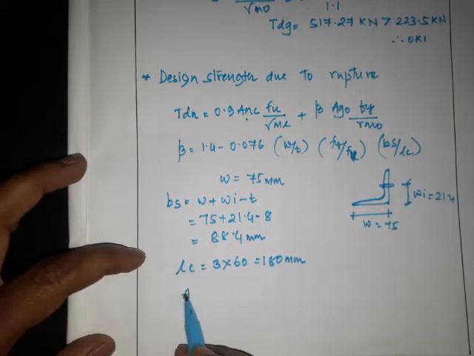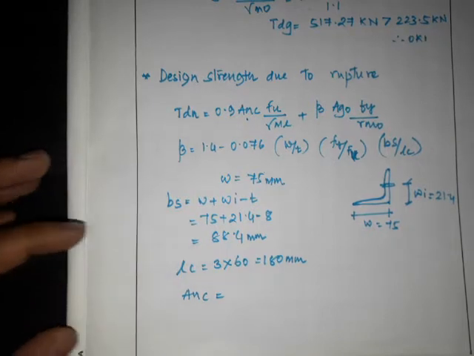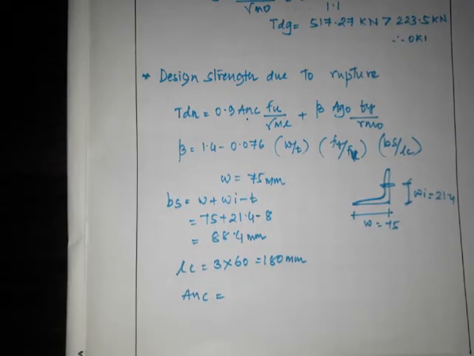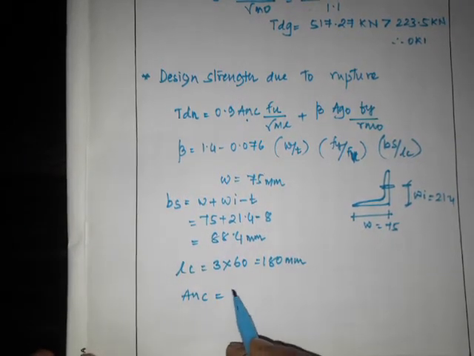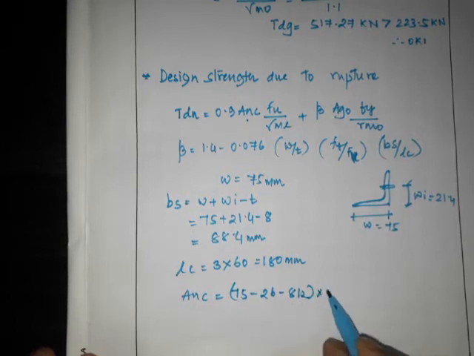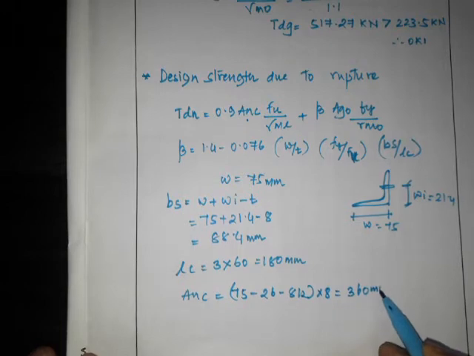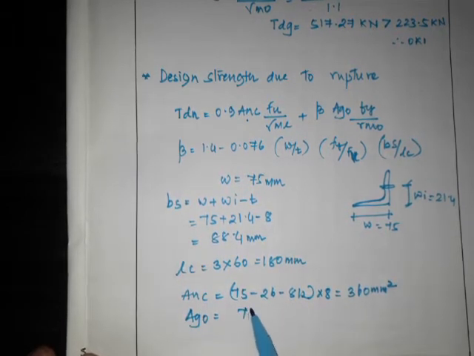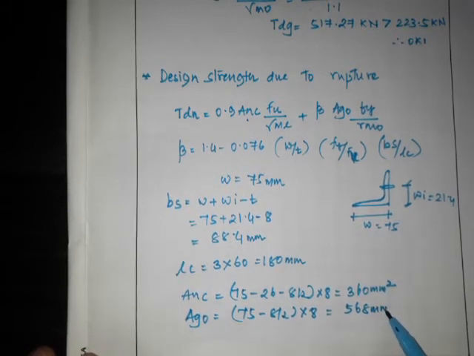Anc is (75 minus 26 minus 8 by 2) into 8, so we get 360 mm square, and Ago is (75 minus 8 by 2) into 8, which is 568 mm square.